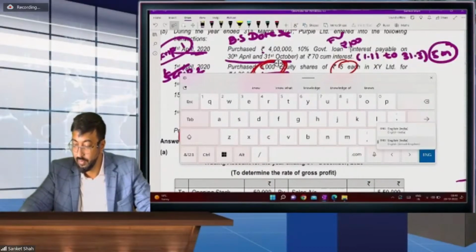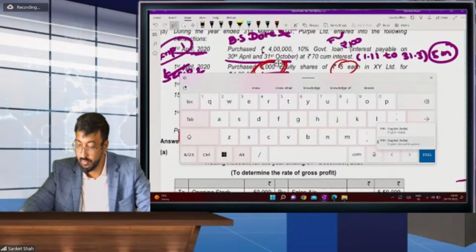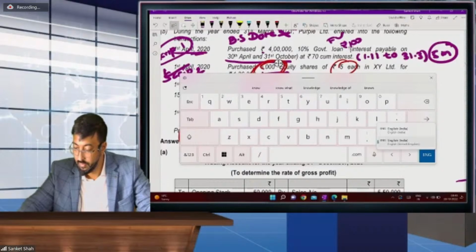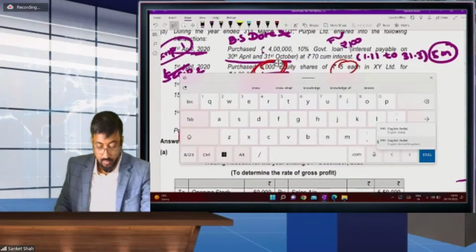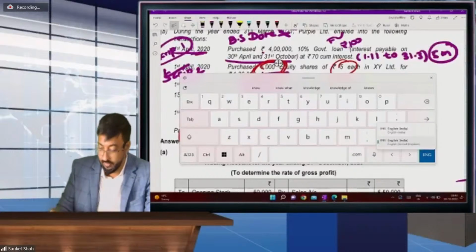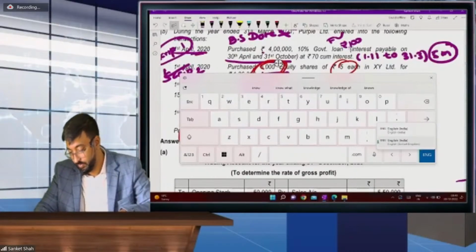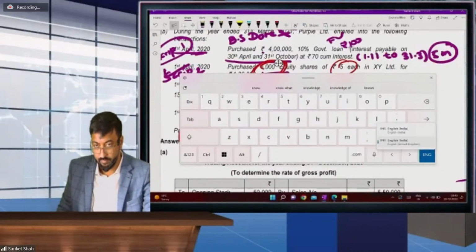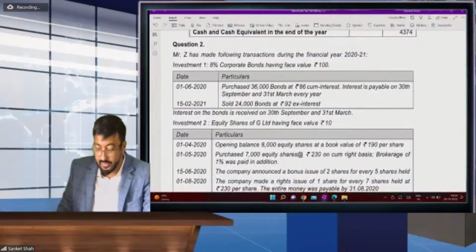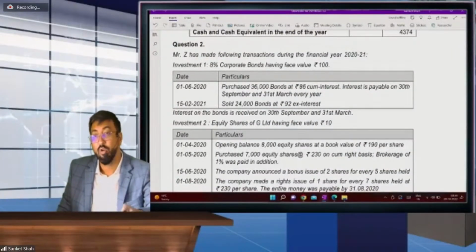Let's start. Mr. Z has made the following transactions during the financial year ending 2020-21.